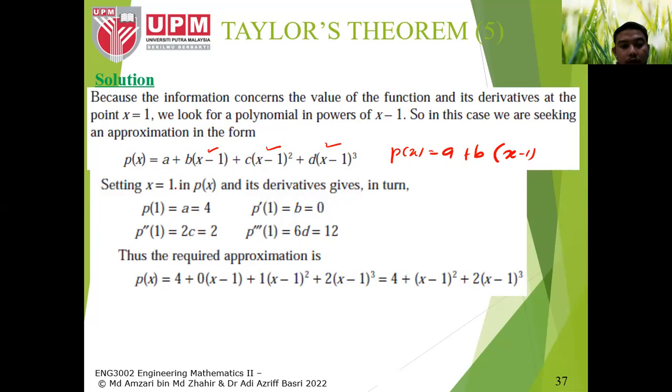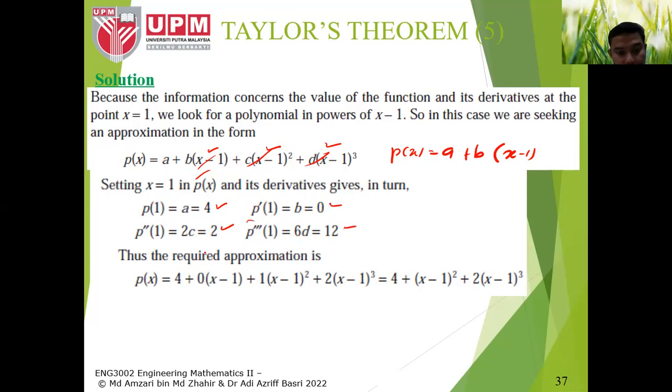When x equals 1, this one will become 0, this one will be cancelled, 0 and 0. So automatically your a is 4. For f prime 1, you differentiate once, then put x equal to 1, you will get b equal to 0. You differentiate 2 times, then put x equal to 1, you get 2. And differentiate 3 times, you will get d is 12.